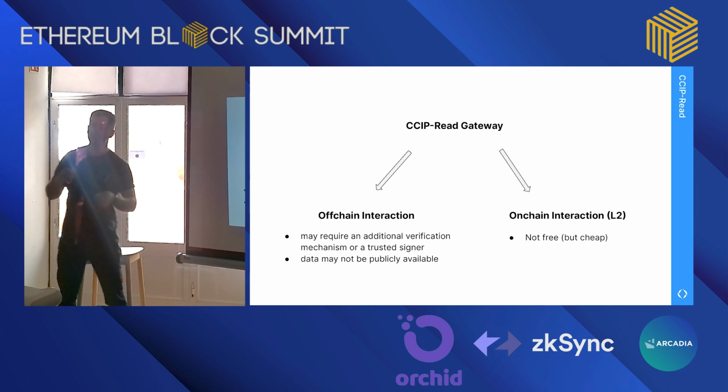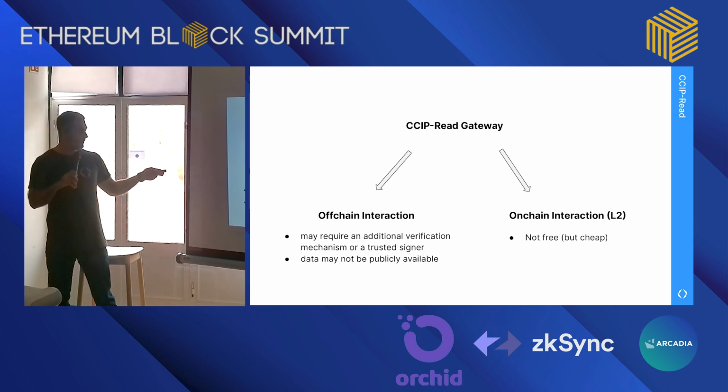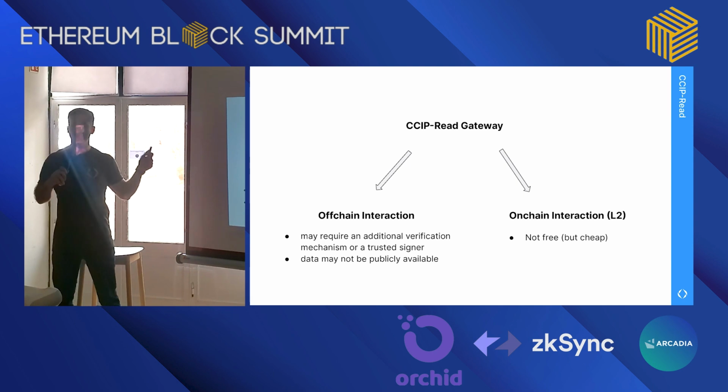So of course, there's a little trust assumption here: if you are not able to do a verification mechanism, there is only one verification mechanism that works for the off-chain interaction. Basically, you have to keep some trusted key pair.